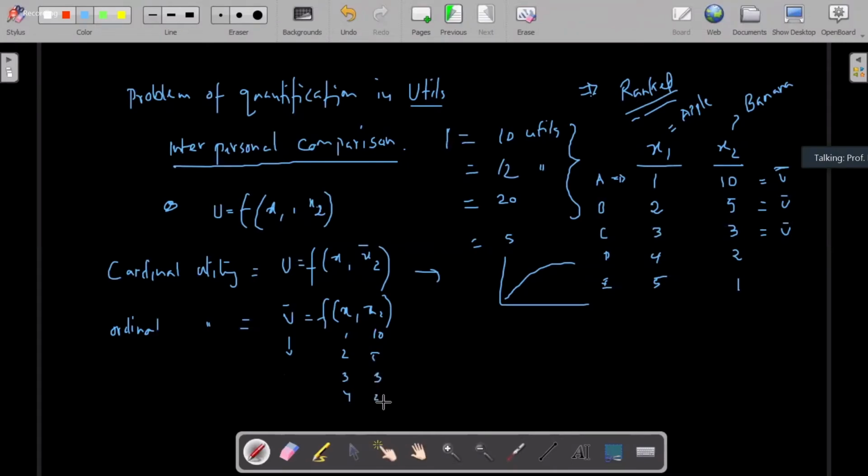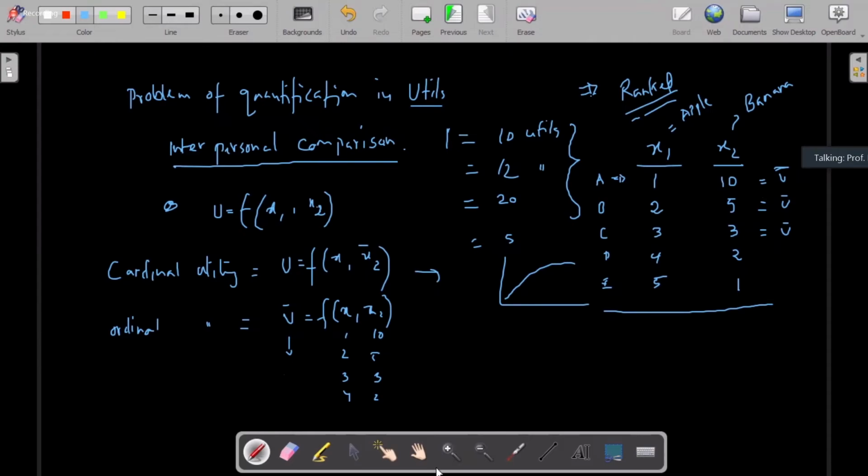So this is the combination, and we are not quantifying our utility. We are just making combinations of goods X1 and X2 so that we can get the same level of satisfaction.